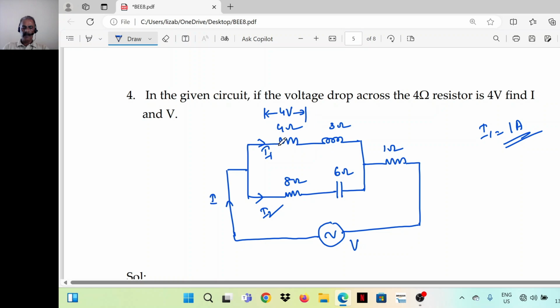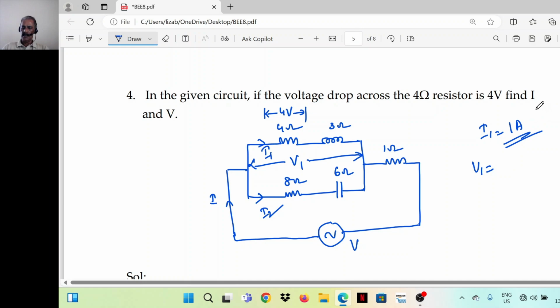From that we can find out the current through that branch, 4 volt divided by 4 ohm. Same is the current through the inductor also. So across this branch, the voltage I am taking it as V1.